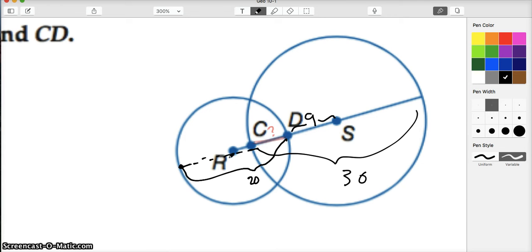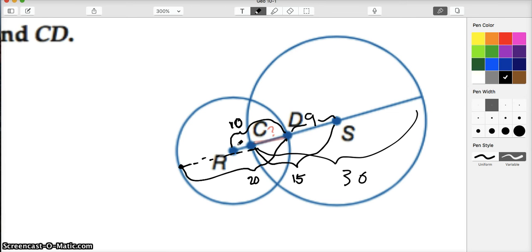Got me? Okay, good. So now that we have that, what I can do is say if the diameter is 20, then the radius here has to be 10. This is getting a little convoluted, but just stay with me. And I can also say from C to S has to be 15, right? Well, that actually does a lot for me.